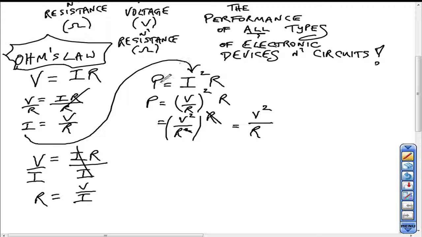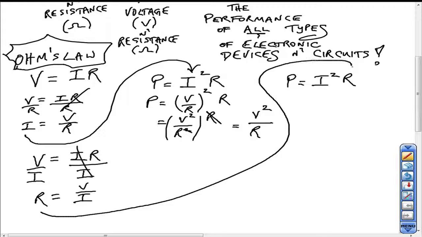Let's come back to our original power formula. Power equals, there we go. So here's that original power formula. What I'm going to do is take R that I've solved for from Ohm's law, and apply the substitution technique.